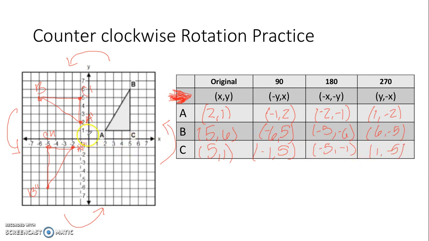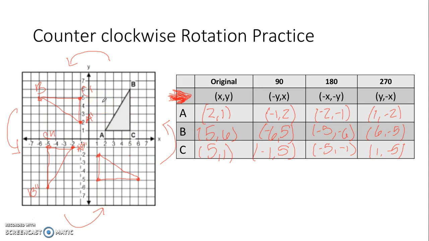So we can graph it. We have 1, negative 2. We have 6, negative 5. And 1, negative 5. There we go. And there we go. So you can see that it's rotating all the way around.